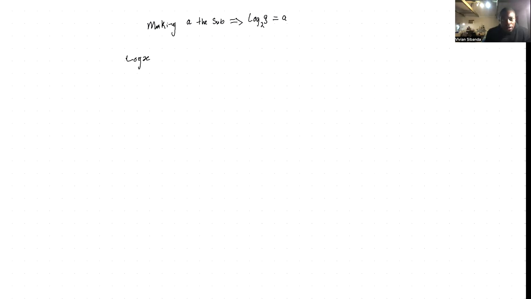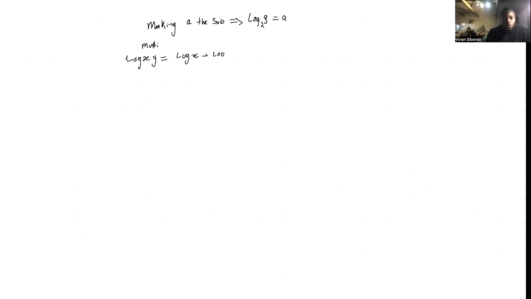Log of x times y, in this case this is called multiplication, simply gives you log of x plus log of y.